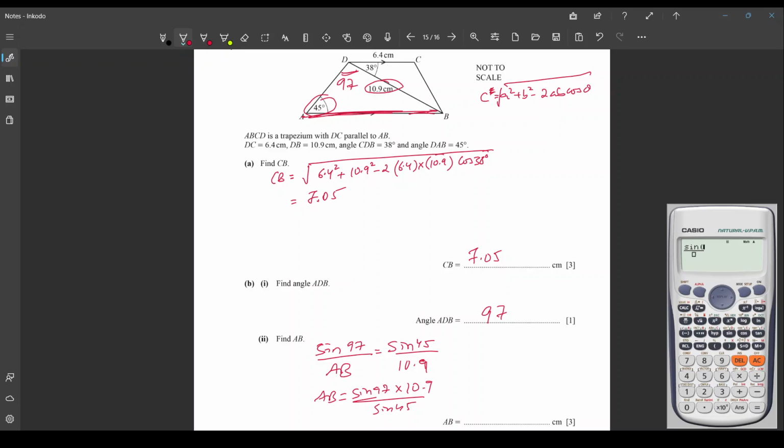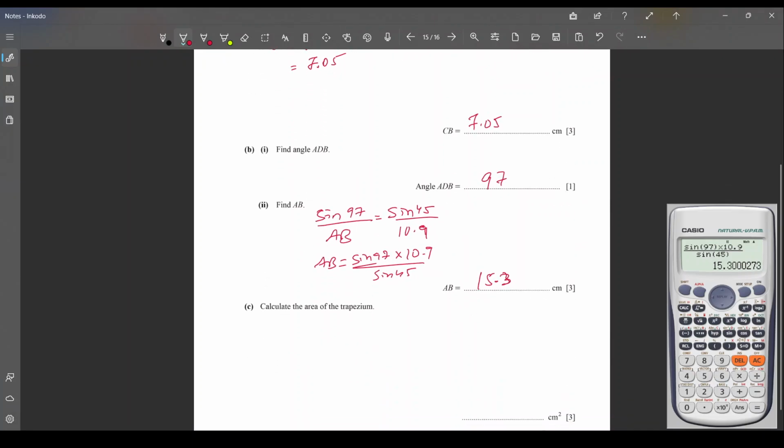Sine 97 times 10.9 divided by sine 45. See, we get this answer as 15.3. So the length of AB is 15.3.